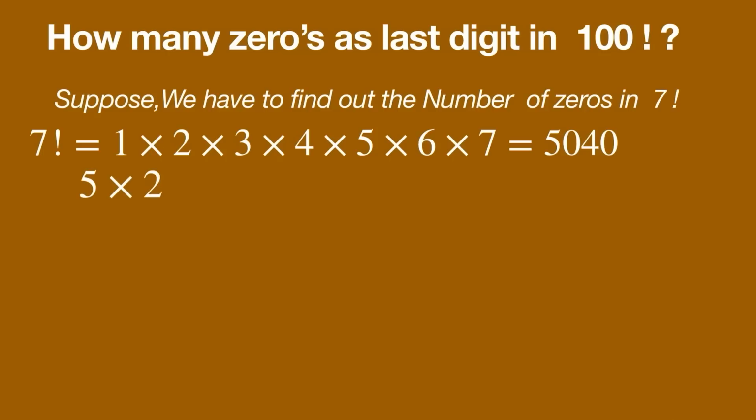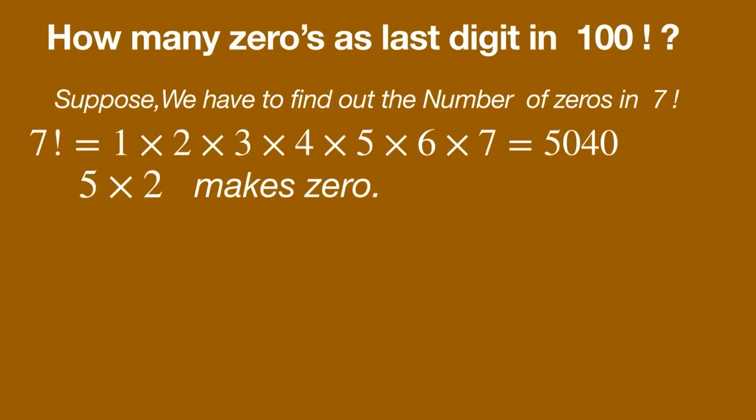However, we see 5 into 2 actually makes 0, and we see that for any factorial number, the number of 5s is less than the number of 2s. Here 2 has a 2, and 4 also has 2 into 2, that means two 2s, and 6 also has one 2.